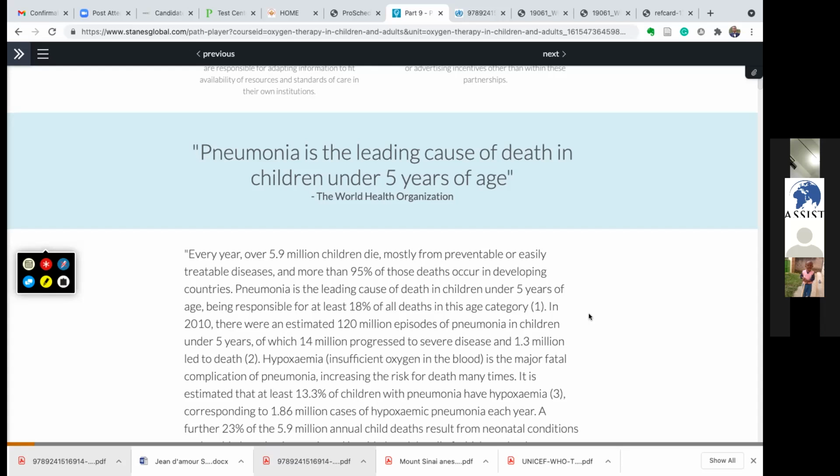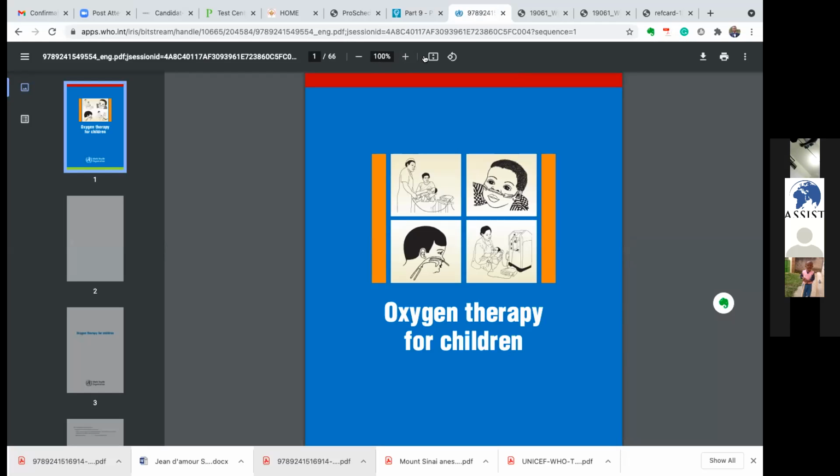It is estimated that at least 13.3% of children with pneumonia would have hypoxemia, about 1.8 million cases of hypoxemic pneumonia each year. That's why it is very important for us to be able to manage pneumonia.